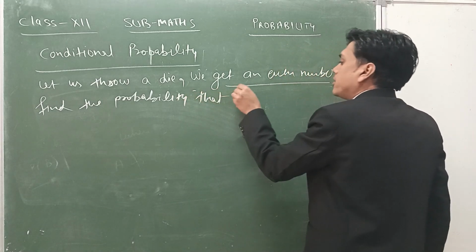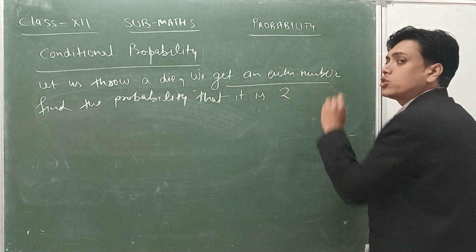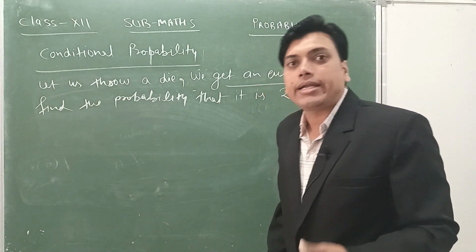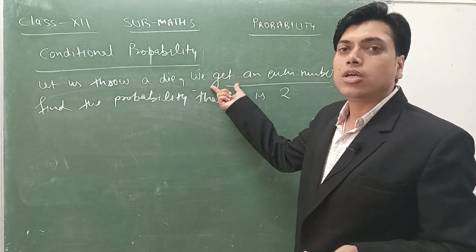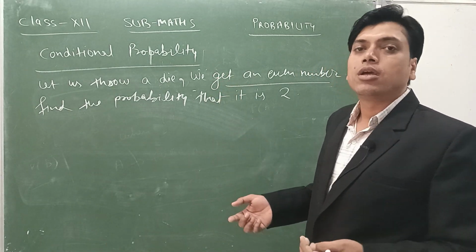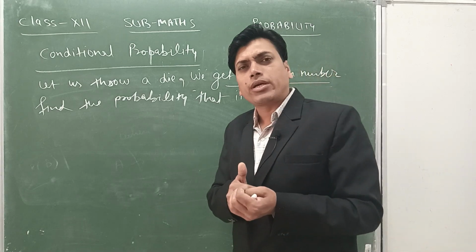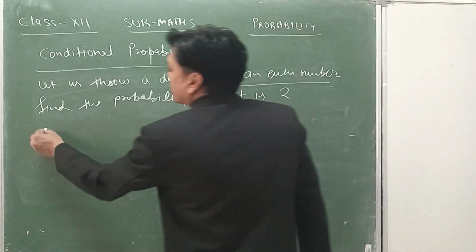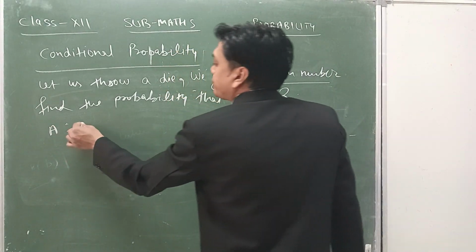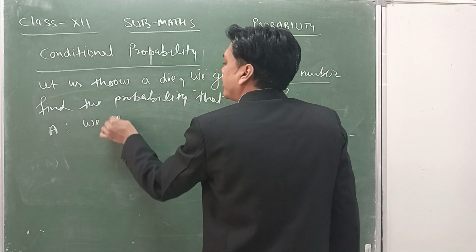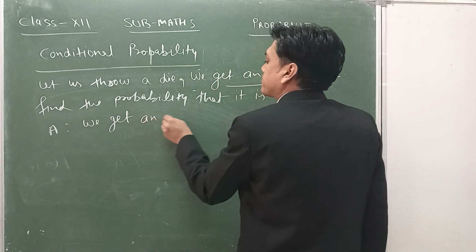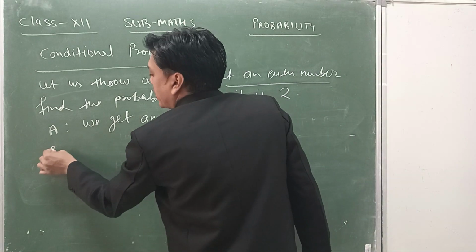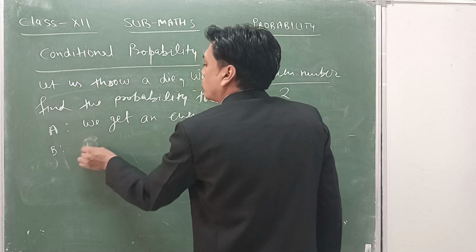that it is 2. So we have two events, event A and event B. Two events are given. We will give names to these two events. This is your choice, you can give either A to first or to second. So let A be we get an even number, and let B be we get 2.